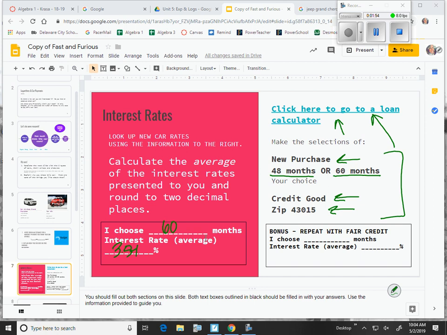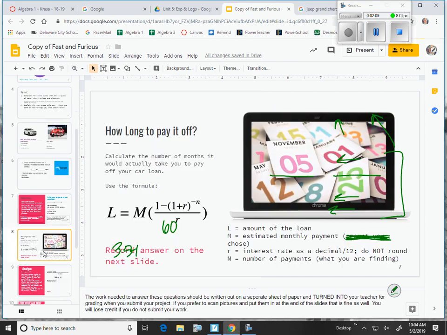And then you can do this whole process again for fair credit if you would like to, or earn some bonus points. Okay, but once you have all of this information, you are ready to do the next slide, which is calculating your loan with the equation that I have given you.